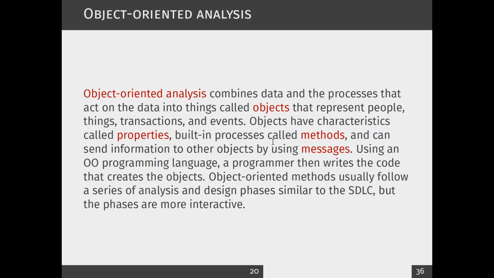So design, as I told you earlier, there are many ways that you can use. One technique that we could use, compared to traditional development, is the use of object-oriented principles, where we have things called objects, the properties, the methods, and the messages.